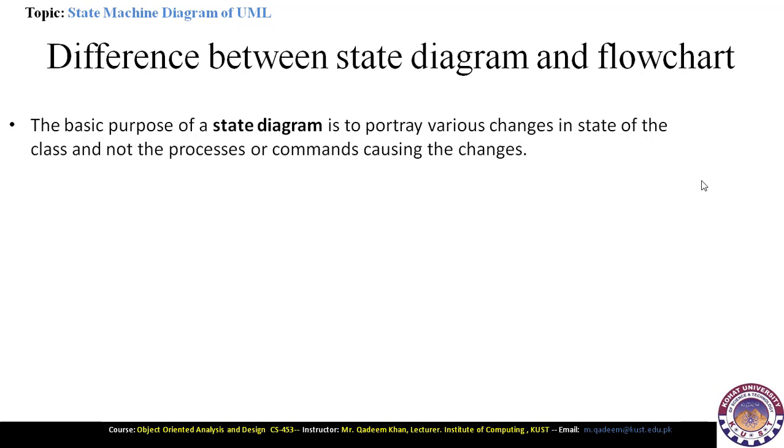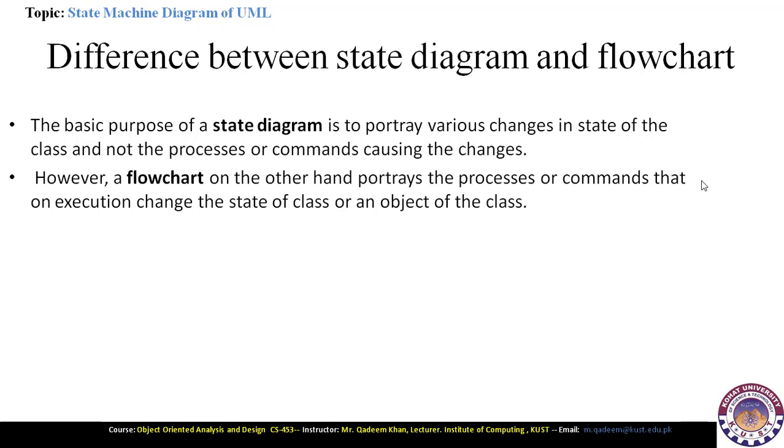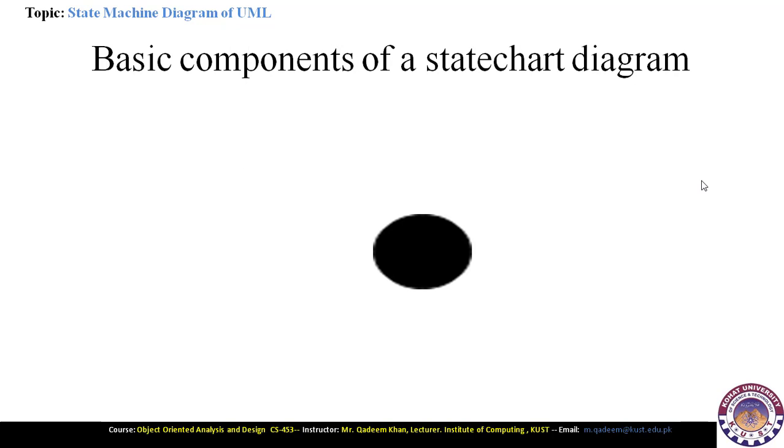We do not provide any sort of processes or commands. The second difference is that flow charts provide us processes or commands of execution, while in the state diagram we provide only a particular set of behaviors.